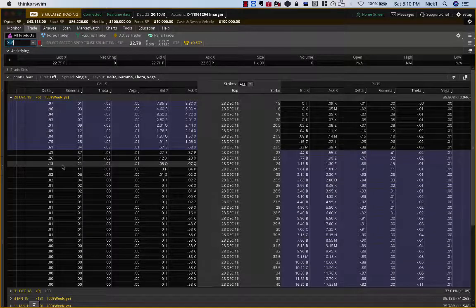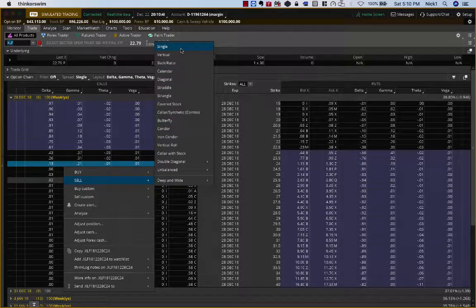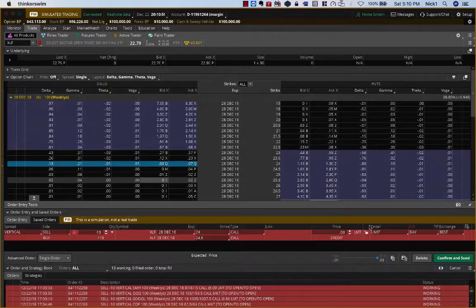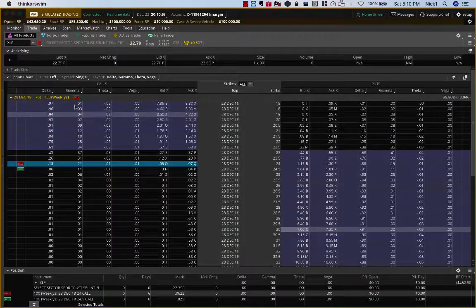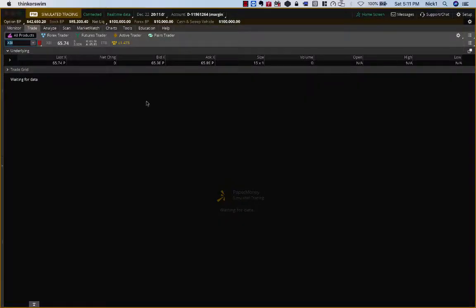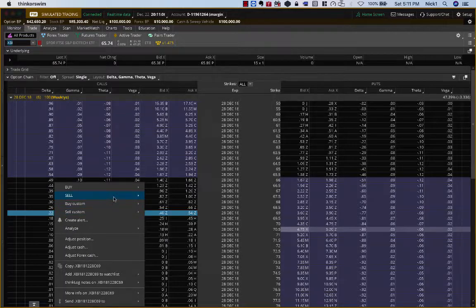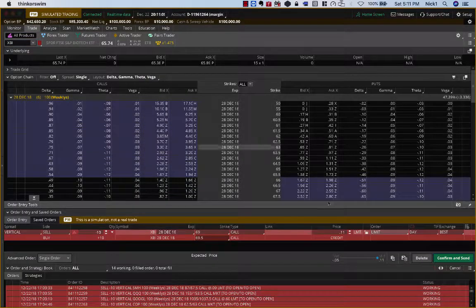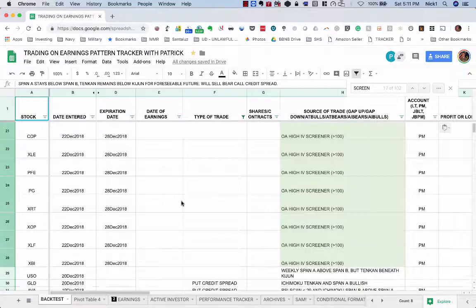I expect these to go lower this week. So if there's not a 20 delta, we'll just go with a lower delta. All right, and then we're done. We'll review it next weekend.